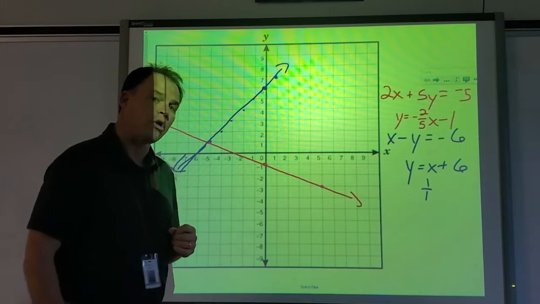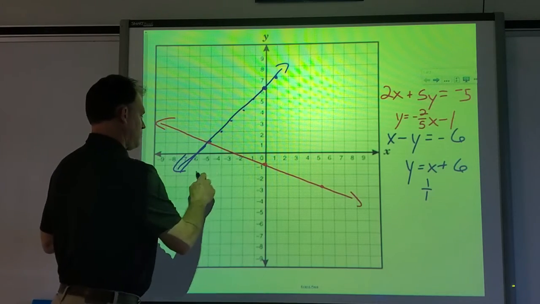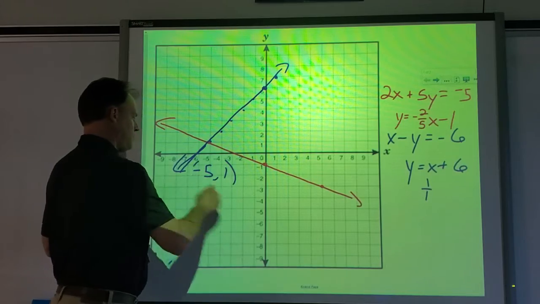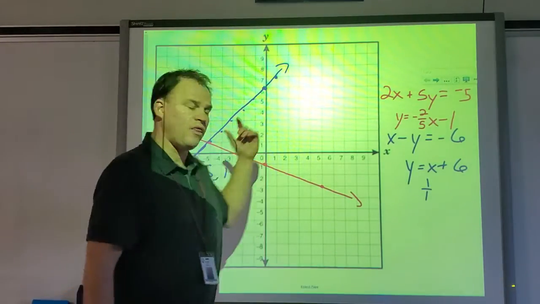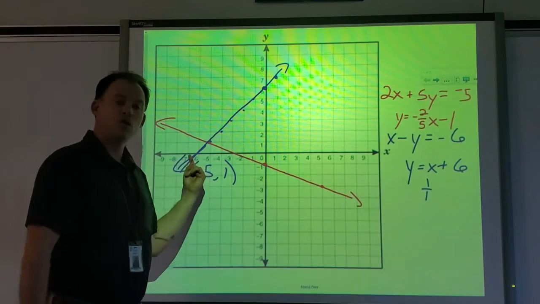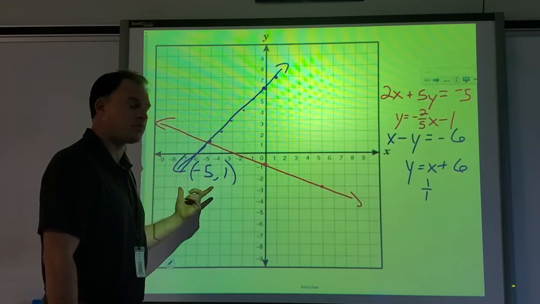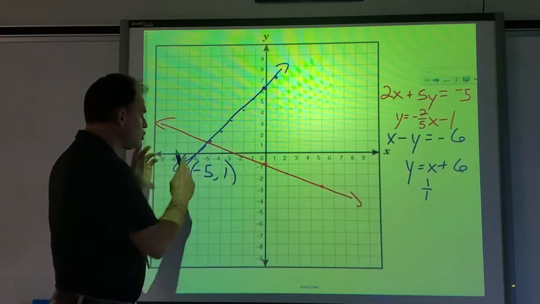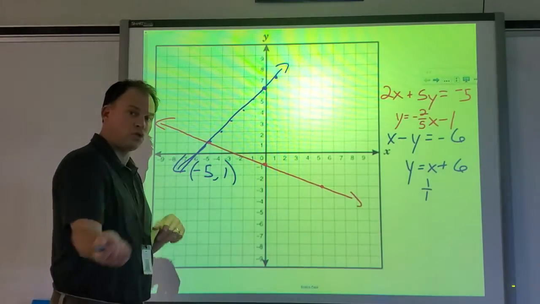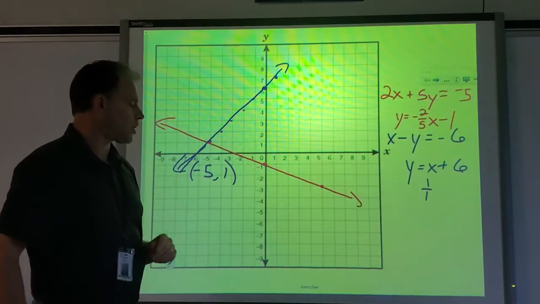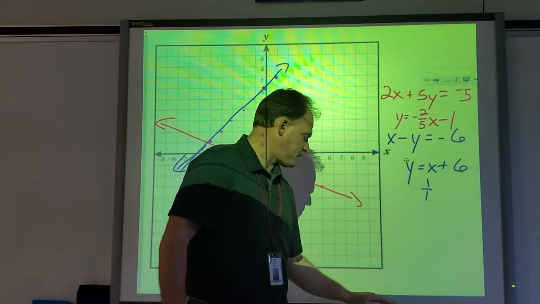Where do the two lines cross? That's where my two lines cross. This is the solution to the system. This is what we're looking for when we do any of these problems. This entire chapter, we're looking for the point where the two lines cross. So today we're talking about how we can do it graphically.